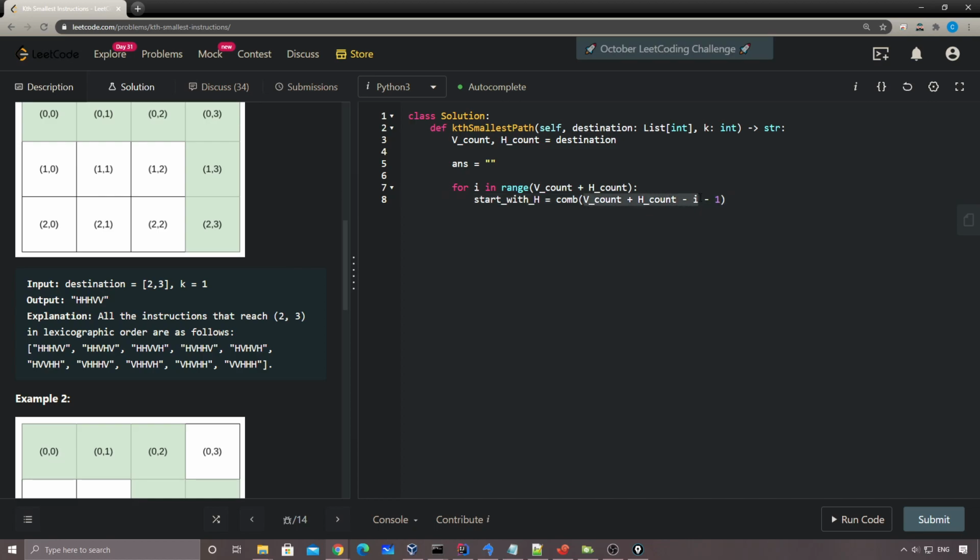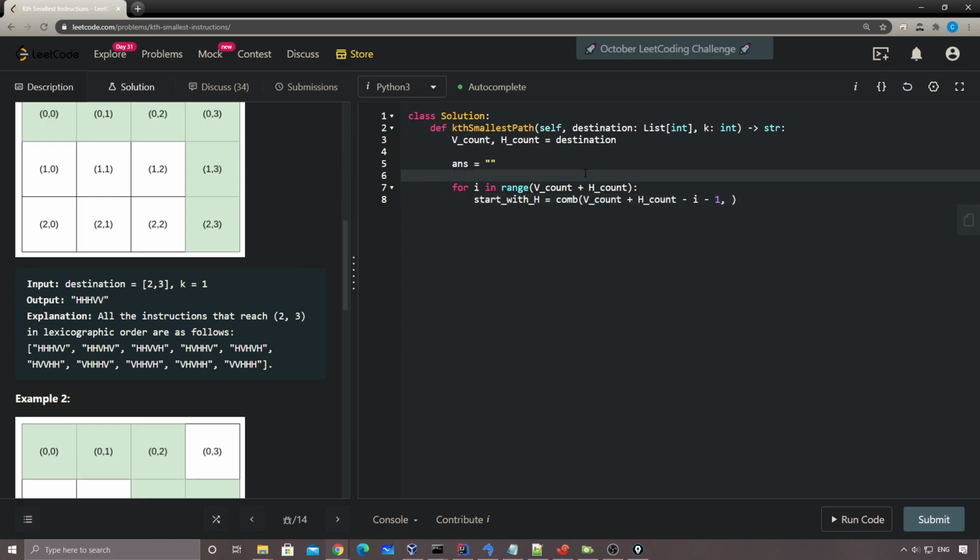First, this is the remaining numbers of the current numbers. But since we are trying to get all the combinations starting with H, it means that after fixing H as the current I, the remaining length is minus 1. Okay, and then we have the downs.